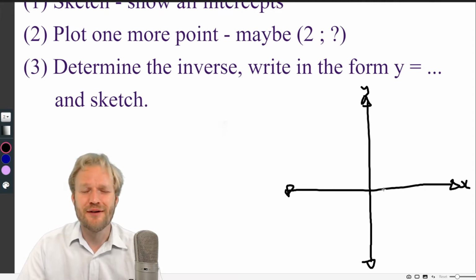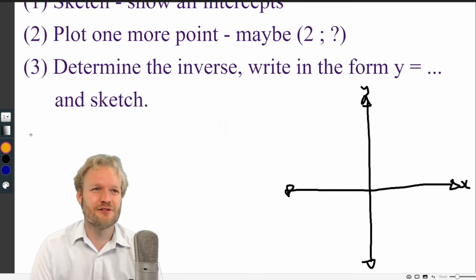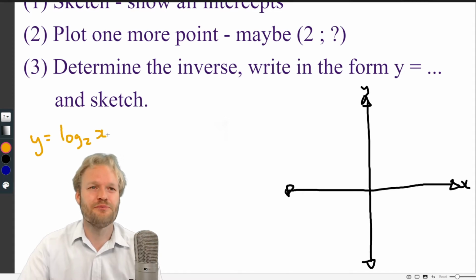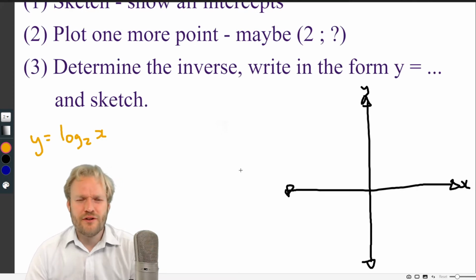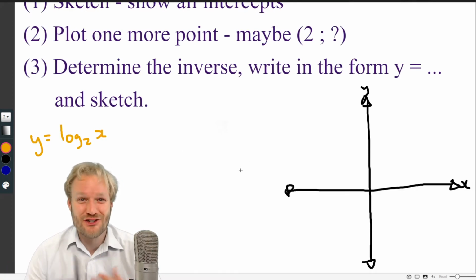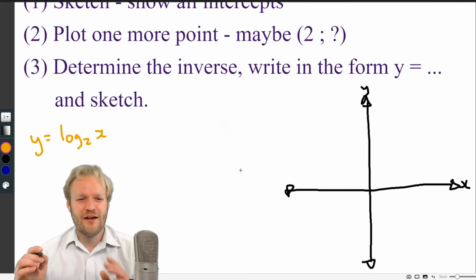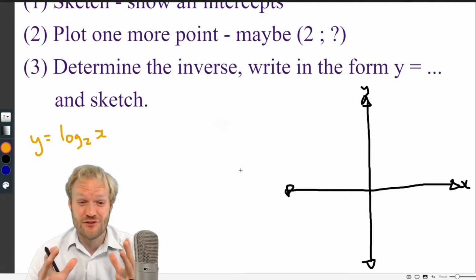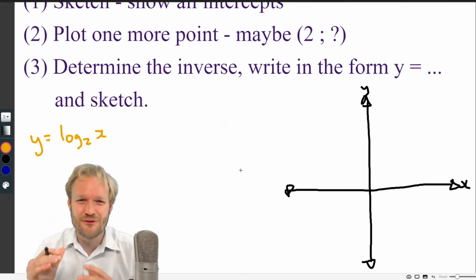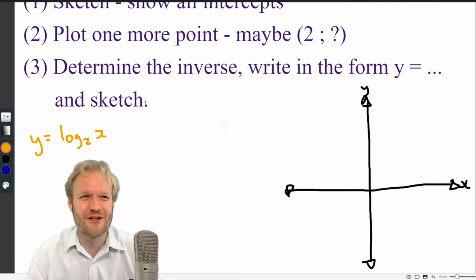Okay, so we've got our graph here, and I'm going to write y equals log base 2 of x, or f of x. Now we have actually sketched this function before, but we didn't call it log before. I want to start by drawing this function, and then we'll see where it comes from. It feels a bit wrong way around, but you'll see where this is going.